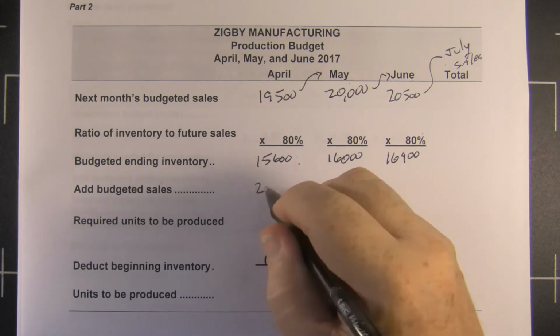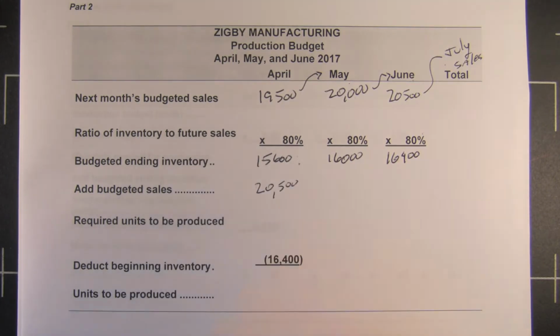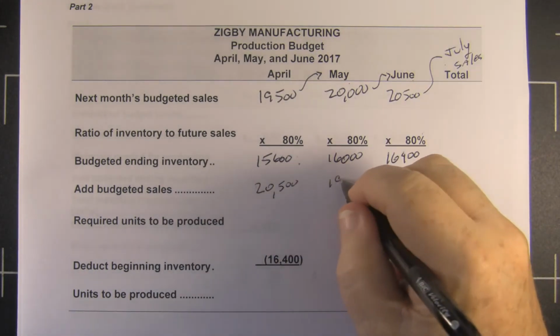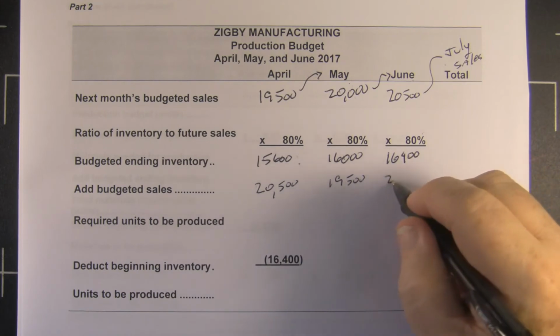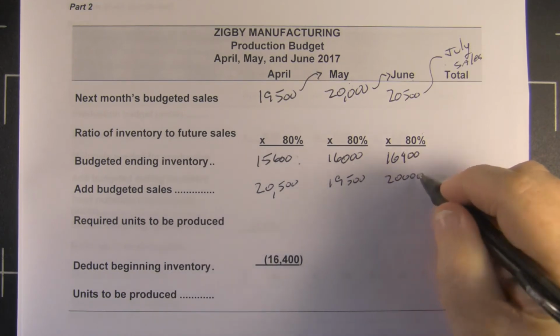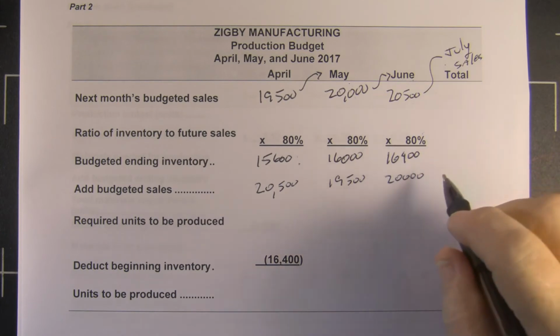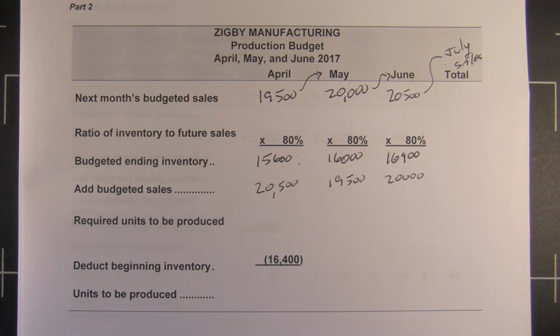We certainly have to have 20,500 units available. We need to have 19,500 available in May, and we need to have 20,000 available in June. Okay, that's what we need to have. That's the budgeted sales for the period.